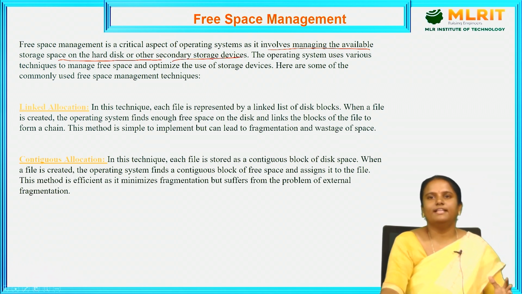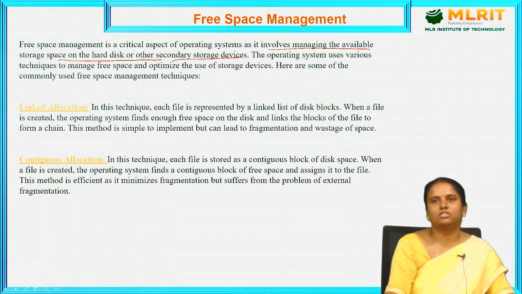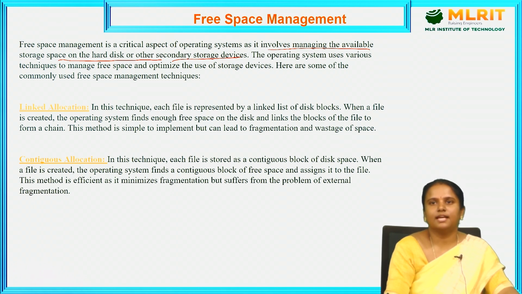Whatever the requirement of the files, we need to get space free and manage the data space, and allocate the secondary storage device to files. Freeing space means removing or deleting unwanted files, or using some other hard disk drives or secondary storage devices to store the files in a proper way.